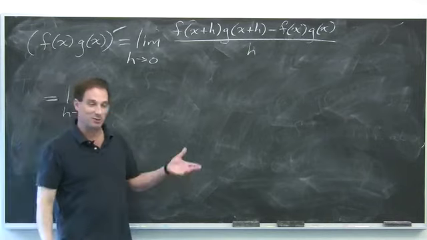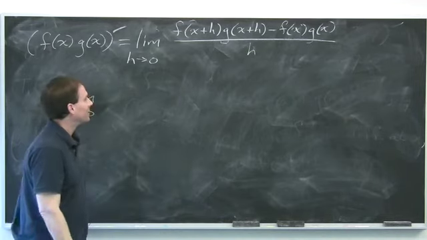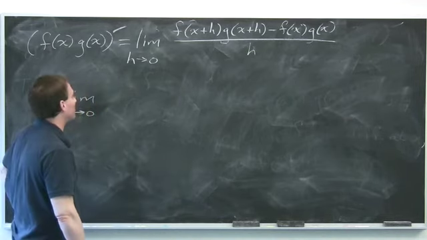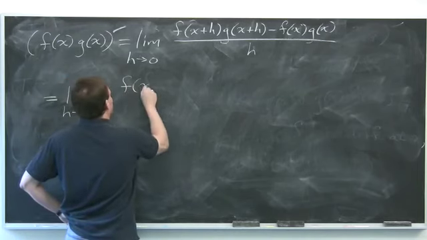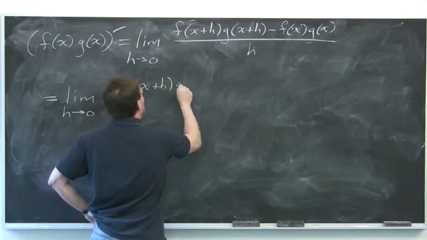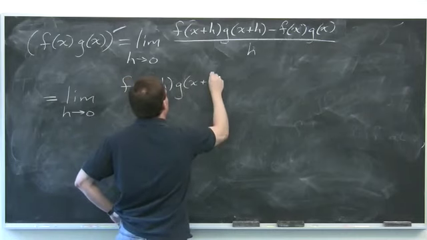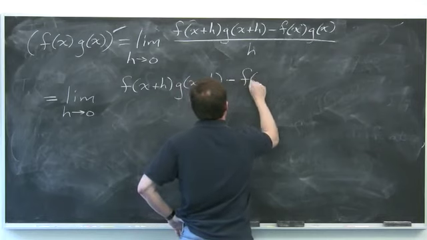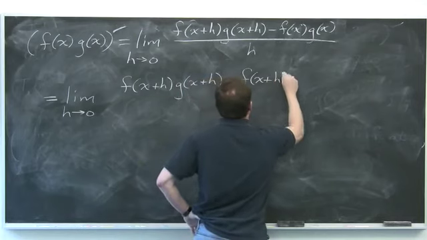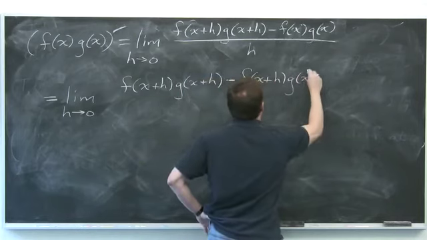Mathematician's stupid trick number 2 is multiply by 1 in a clever way. But number 1 is add 0 in a clever way. What is the clever way to add 0 here? The clever way is to subtract f of x plus h times g of x, and then add it right back again.